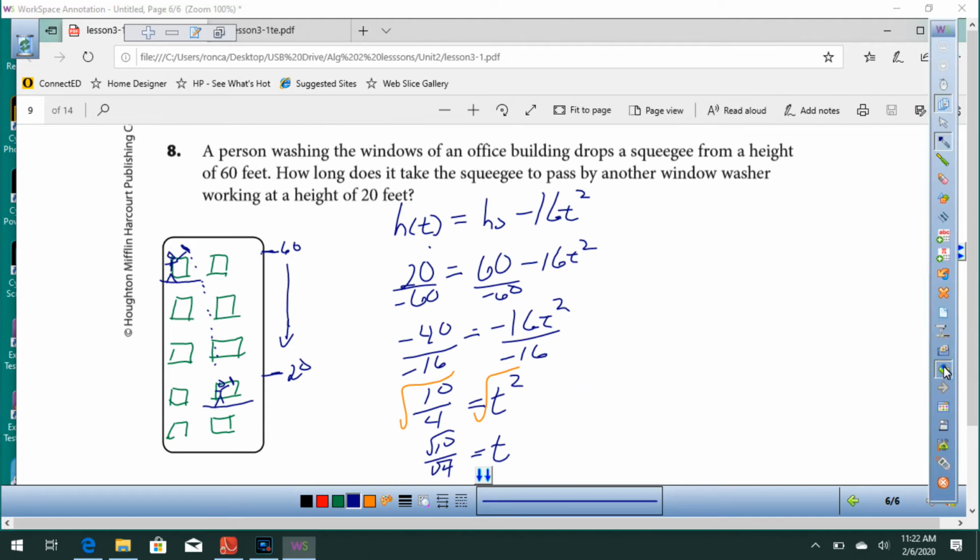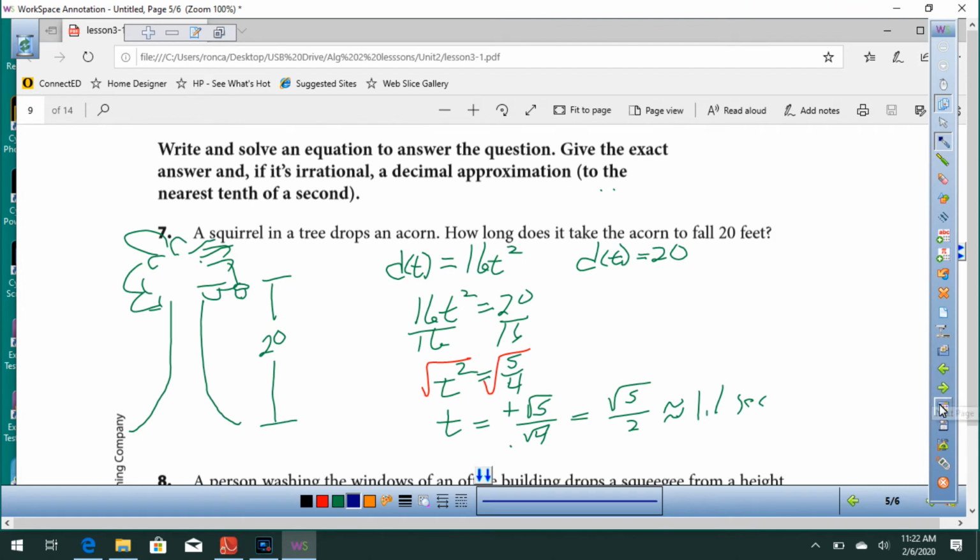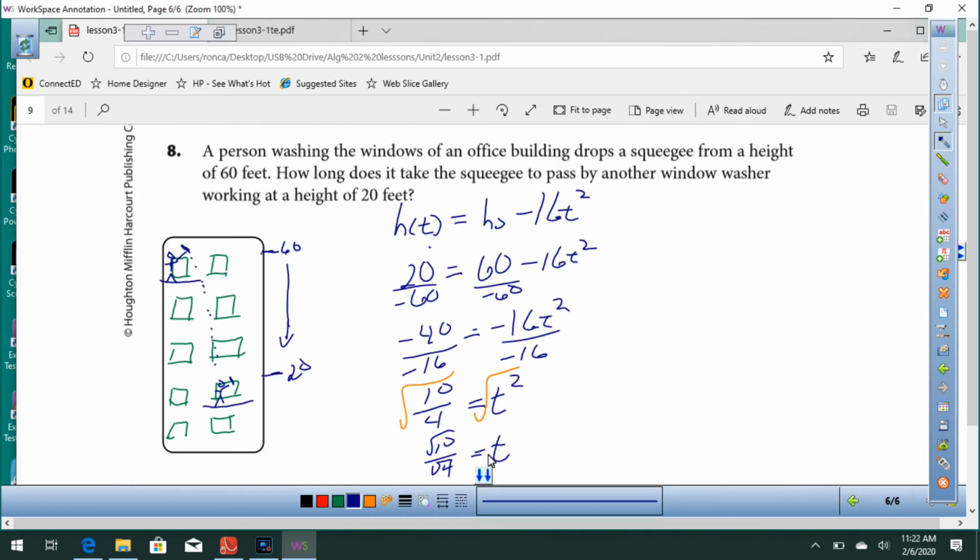And I'm curious, did I make that t? Yes, I did make that t. All right. The square root, and again, that's plus or minus, but since we're talking about time, we're going to get rid of the minus. So we have the square root of 10, and the square root of 4 is 2, and that's going to equal t.